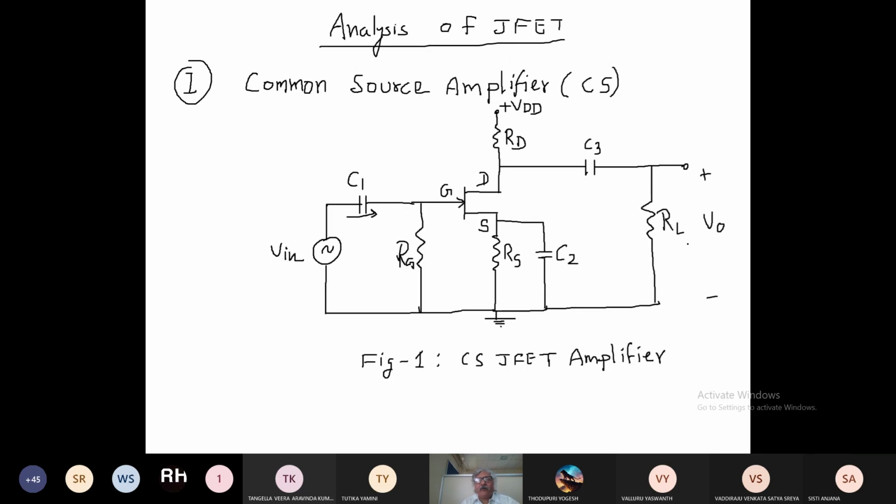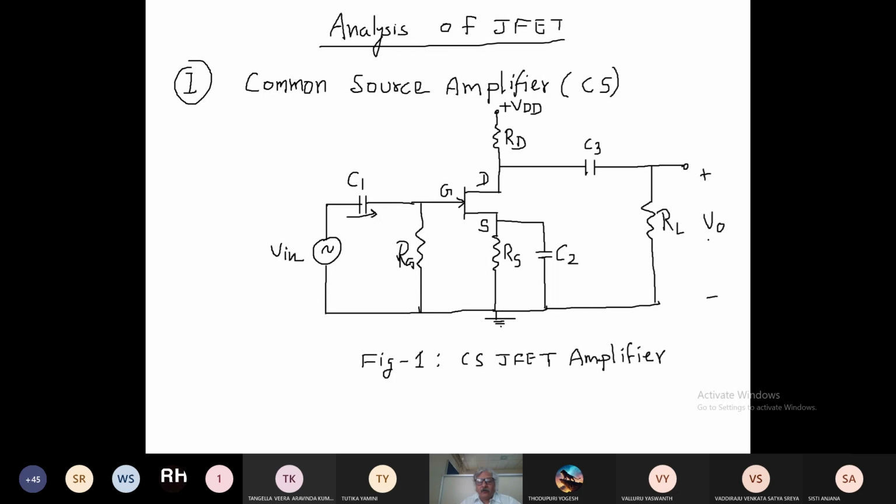And why is there a drop in voltage gain? Because this C2, for the AC signal, is a short circuit, right? So it will allow all the current to pass through the short circuit. Across the short circuit there is no voltage drop, so there is no voltage drop in the source and ground path. That's why all the voltage you will get at the output.